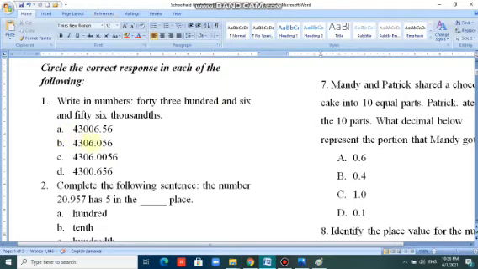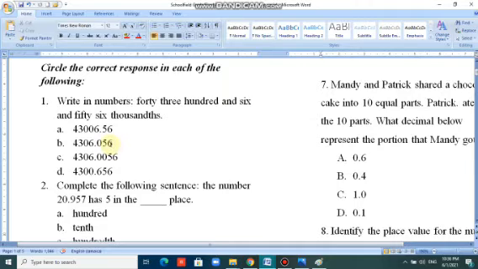So any number or numbers that come after the decimal point are fractions. All right, fractions. So this is 0 over 10, 5 over 100, 6 over 1000. So the 0 is in the tenths place, the 5 is in the hundredths place, the 6 is in the thousandths place.